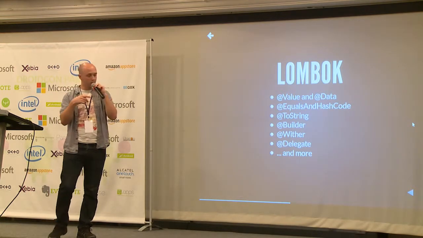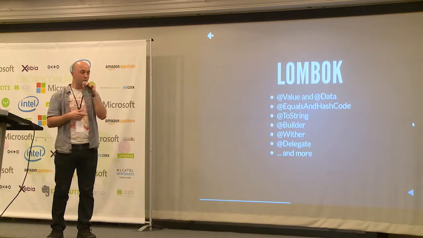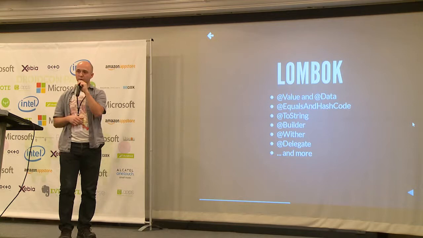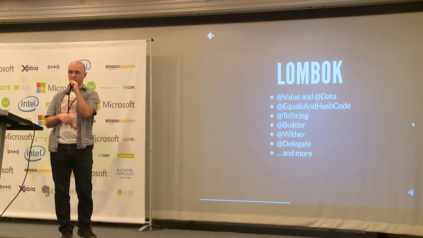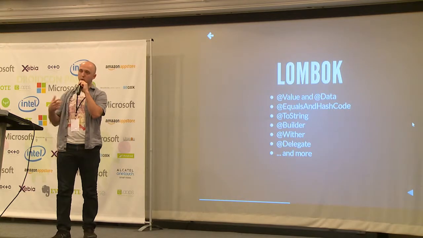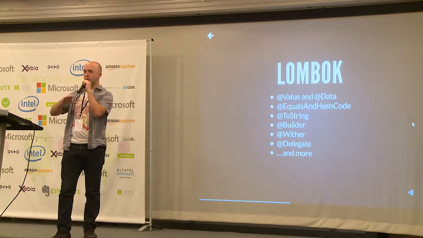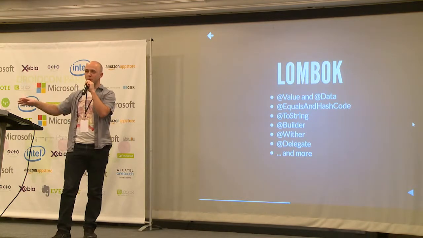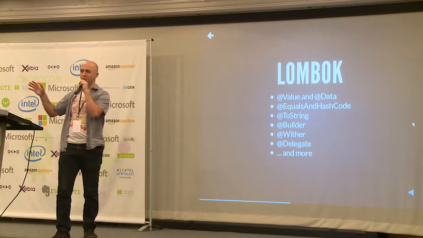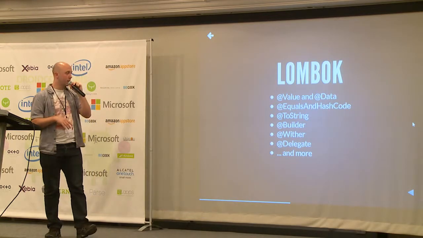And these others, equals and hashCode, can generate only these two methods for you, toString the same. And builder is a nice thing, the same in Groovy. It creates a fluent API to create your immutable objects without having like a 10-parameter constructor where you don't know which boolean is which. It's all there in code and in a nice way.